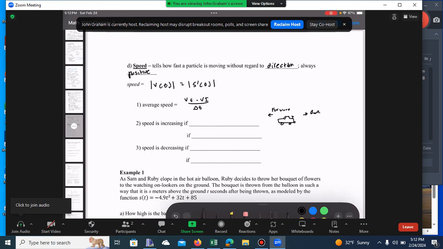Backwards meaning negative, forwards meaning positive. In a car, you can press the gas and move forward. Pressing the gas means you're accelerating, a is greater than 0, and you're moving forward, so your velocity is greater than 0. So your speed would be increasing.